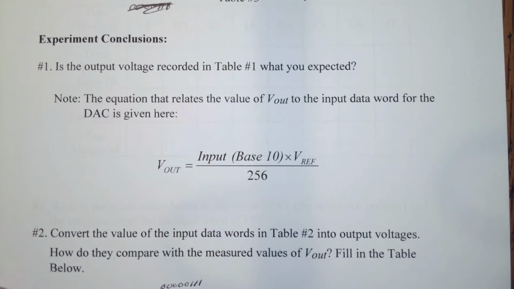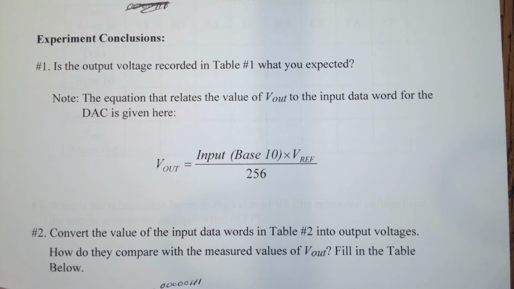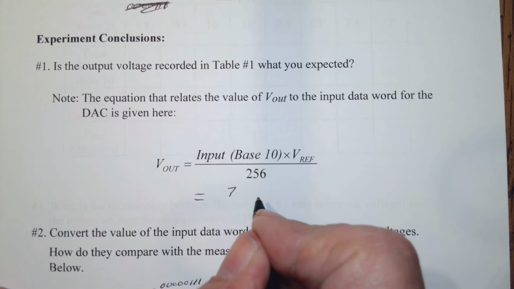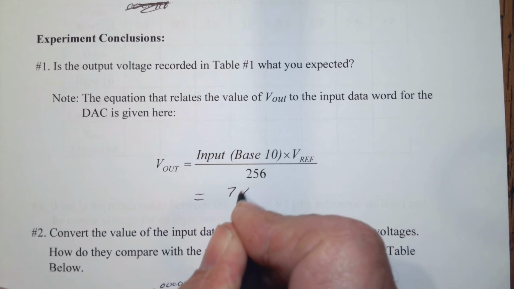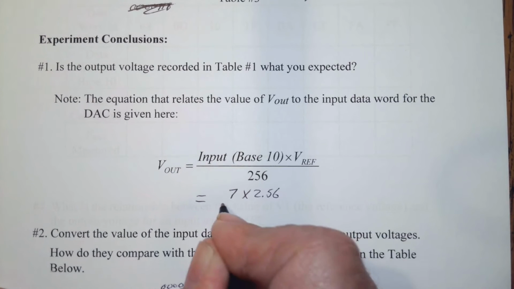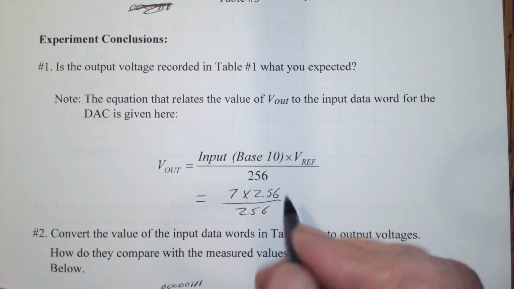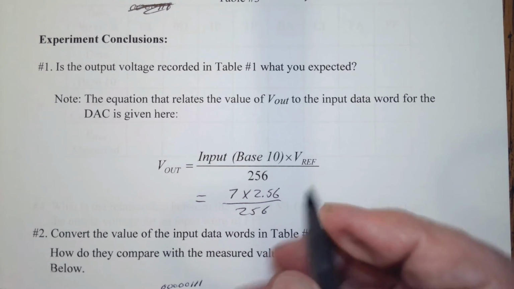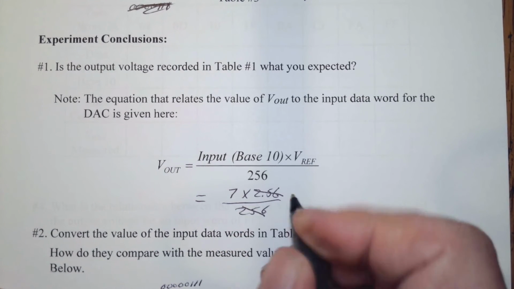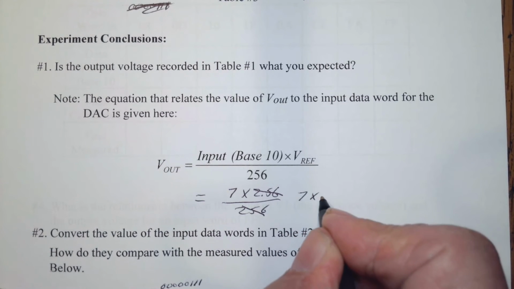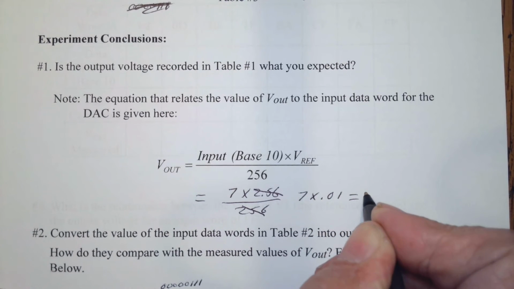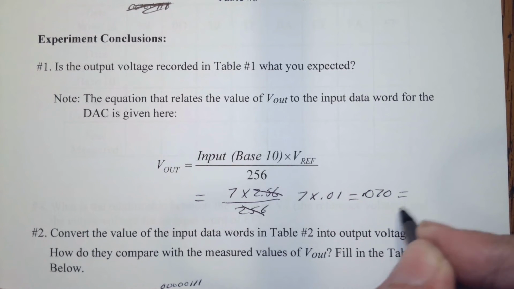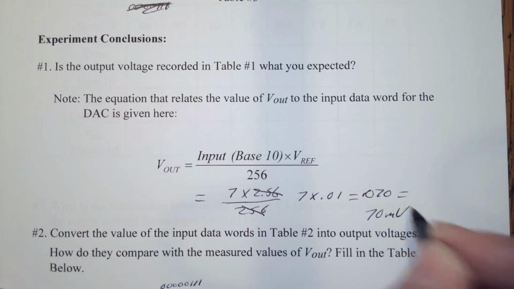The equation up here says that V out is equal to, well, we had 7 for the input, base 10, times 2.56 divided by 256. 2.56 was the reference for that table. 256, we cancel this out, and it's 7 times 0.01, which is 0.070, which is equal to 70 millivolts.